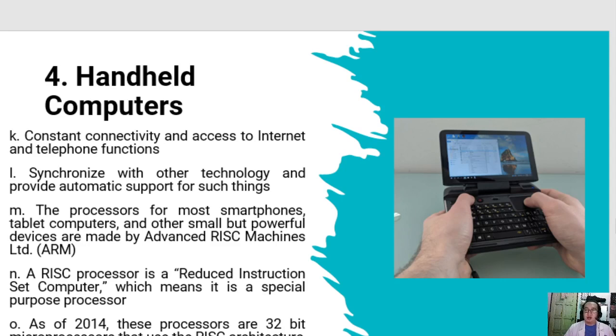The processors of smartphones are, of course, way smaller than the previous computers that we have mentioned. Though these are small processors, they are still powerful for such devices, meaning they are powerful for phones.